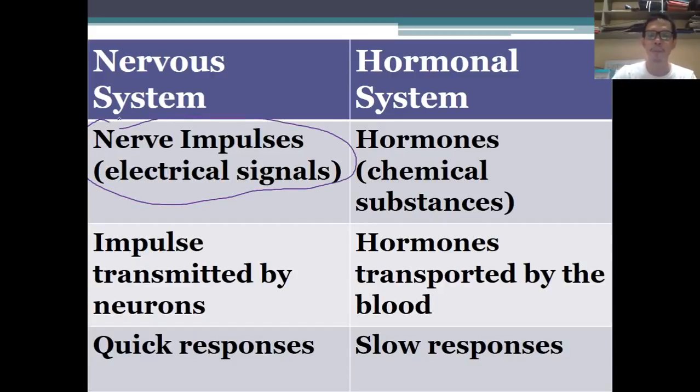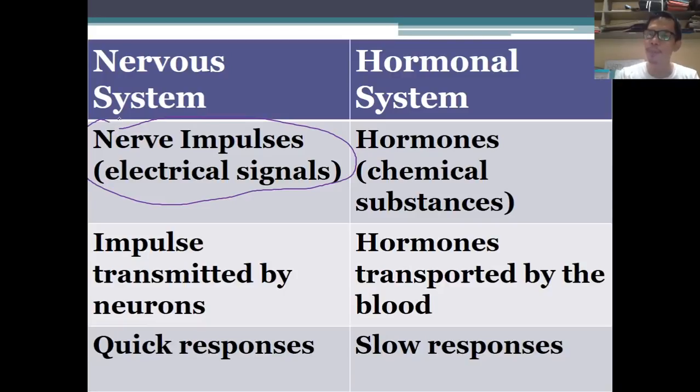On the other side, the hormonal system sends out hormones or chemical substances in order to reach their target organs. What's the difference? The nervous system travels faster because it is an electrical signal, faster than the hormones or chemical substances secreted by the endocrine system.